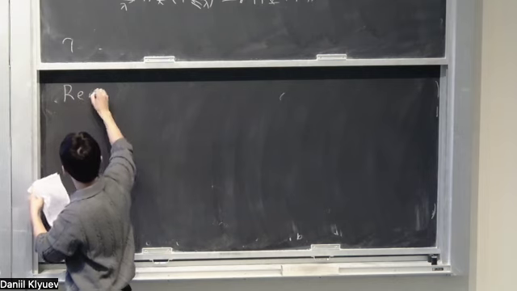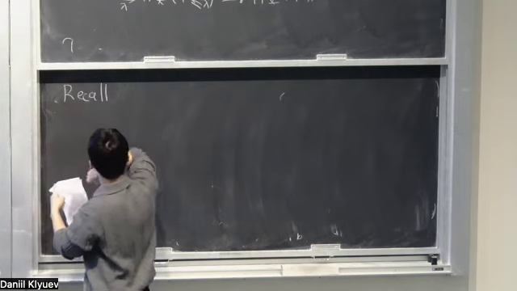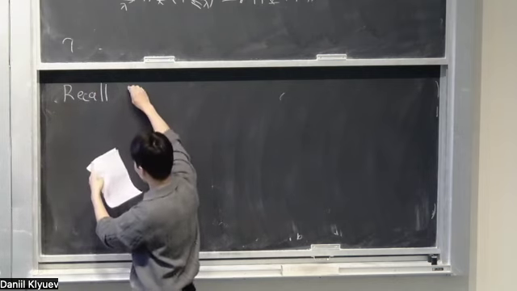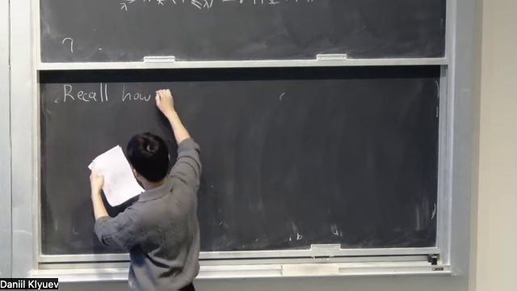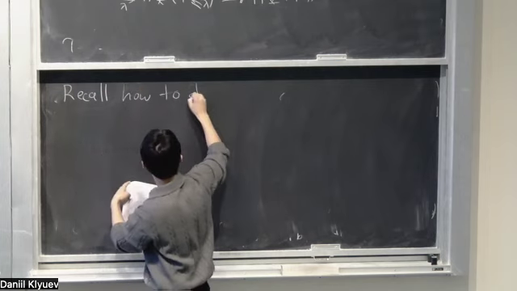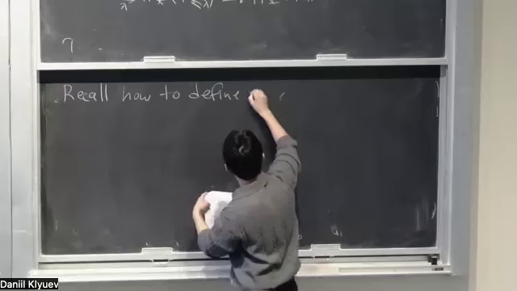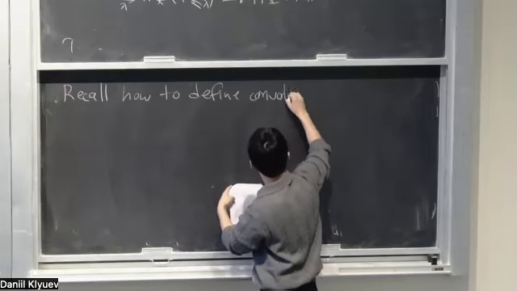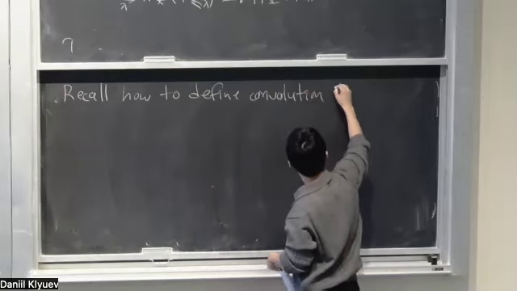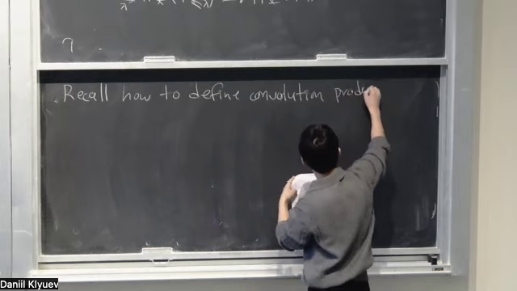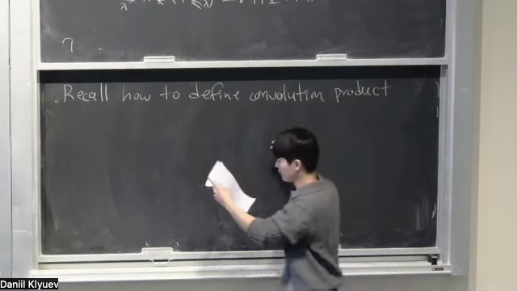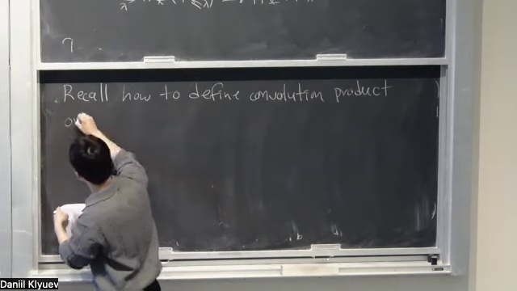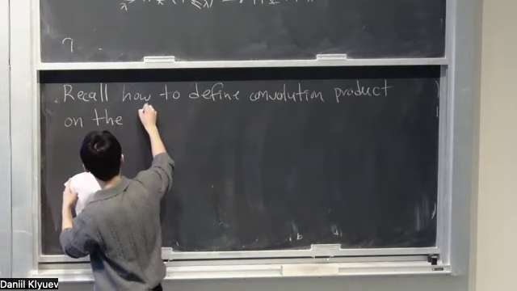Anyways, so how to define the convolution product? If you have seen it, on the Satake category.